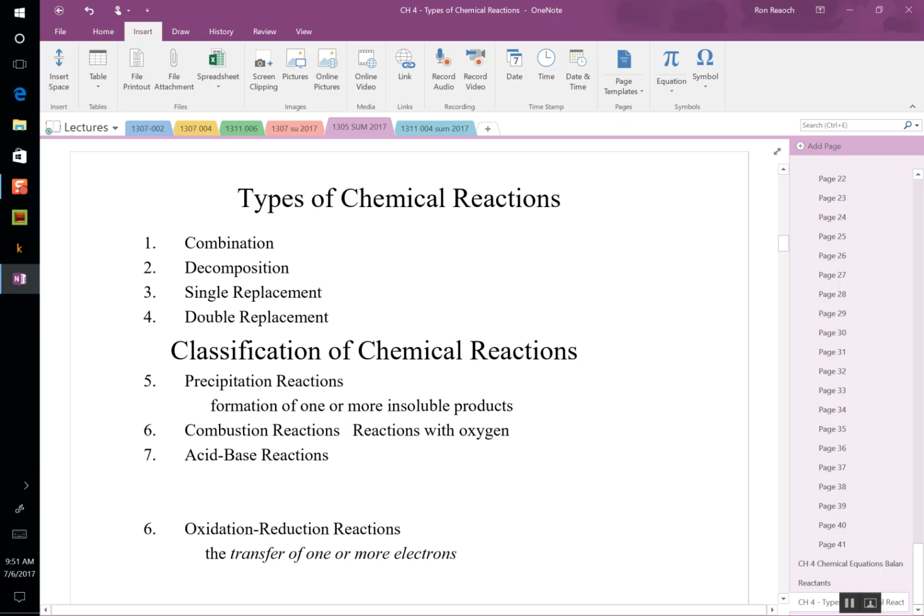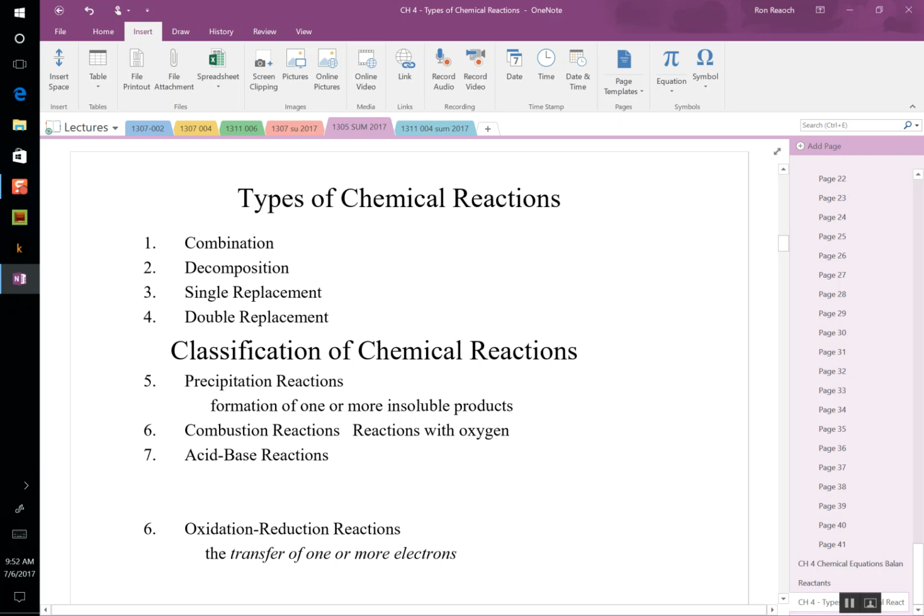All right, so I'm showing you combination, decomposition, single and double replacement. Those are certain classifications. These are types of reactions: precipitation, combustion, acid-base, and what was the other one I said? Oxidation-reduction. There you go.